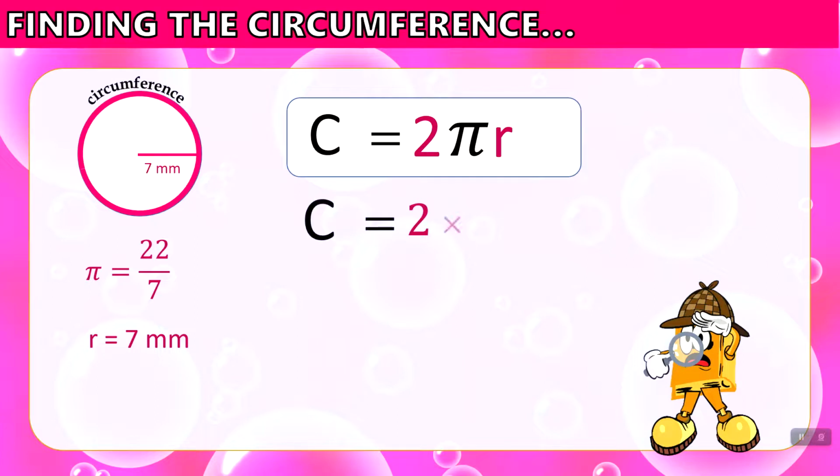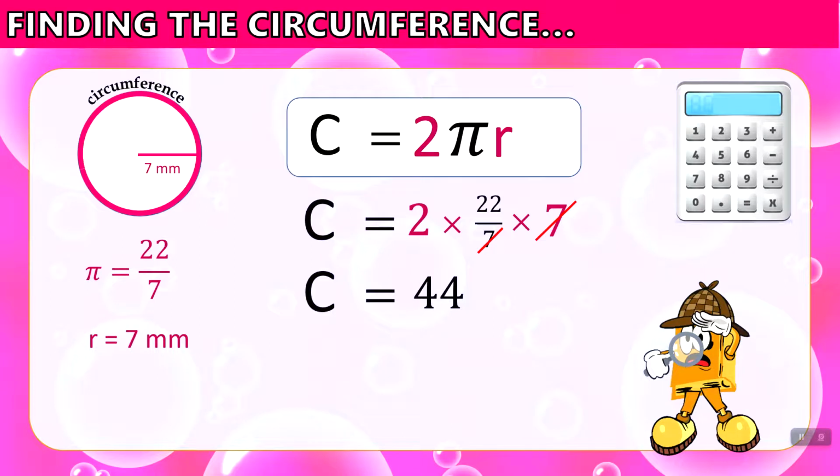we can say C equals 2 times pi, which in this question is 22/7, multiplied by r, which in this question is 7. And since we have fractions, and we see a 7 in the denominator and a 7 above the denominator, we can cancel the 7s. 7 into 7 goes once, 7 into 7 goes once. They cancel each other, and we're left with 2 times 22, which is 44.